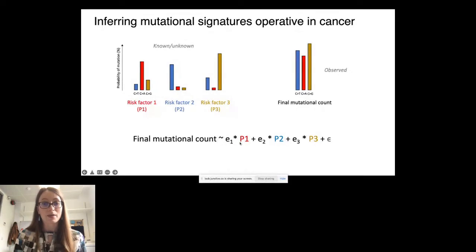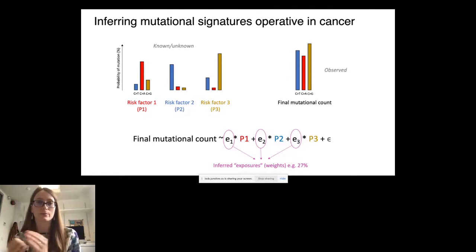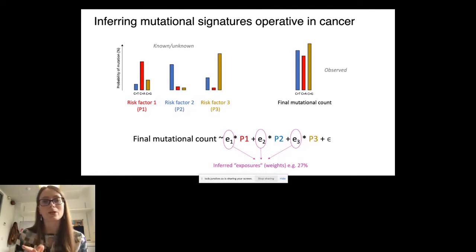probabilities. And these probabilities are multiplied by the weight of the contribution of the specific risk factor. So if a risk factor contributed maybe 70% of the mutations in that genome, it would have a higher weight. If it contributed only 20% of the mutations, it would have a lower weight. So it's really these weights, or we call them exposures, that we are trying to infer generally.